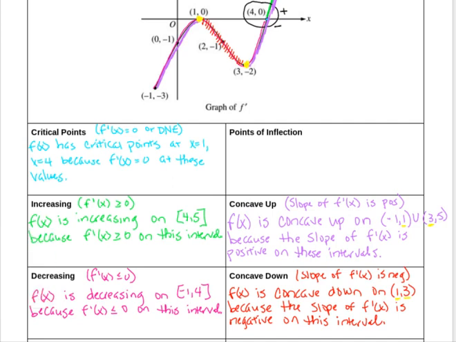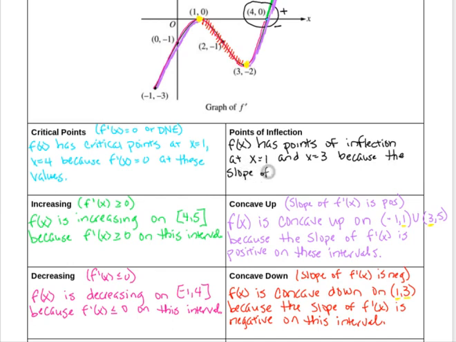So I'm going to write it in black only because that yellow is going to be hard to see. But f of x has points of inflection at x equals 1 and x equals 3 because the slope of f prime changes signs at these values.